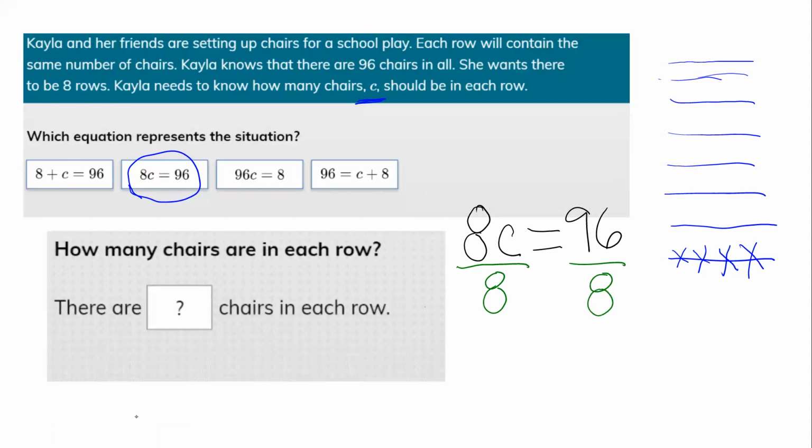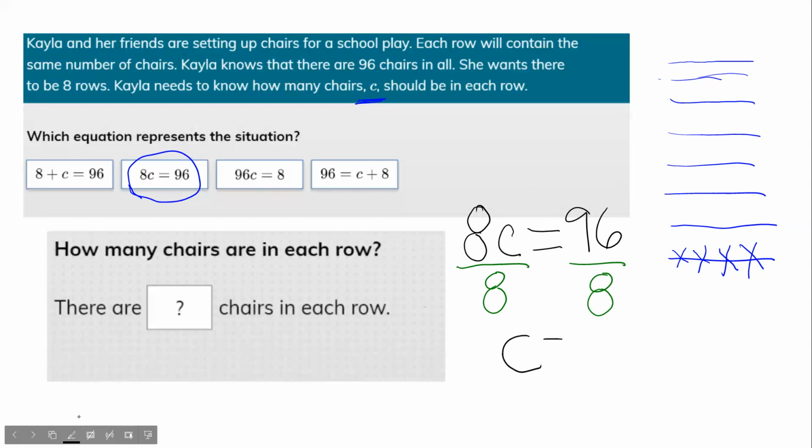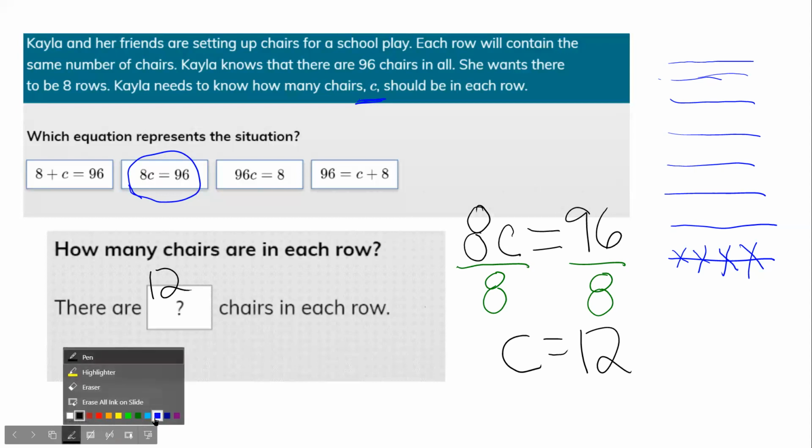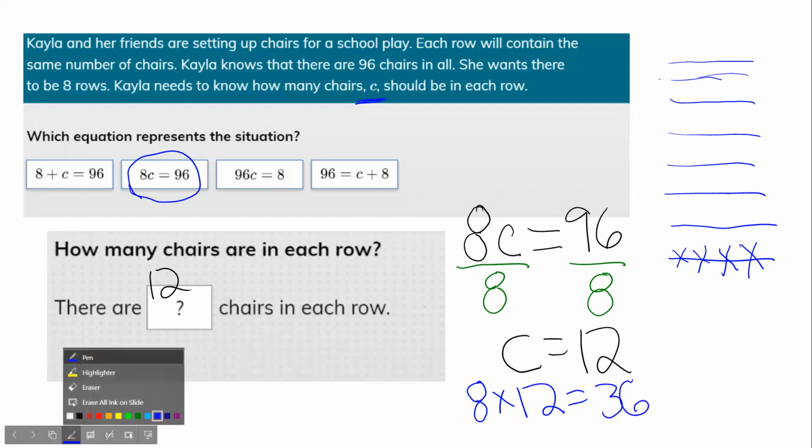And 96 divided by 8 is 12. So there are indeed 12 chairs in each row. You can come back and you can check with substitution. 8 times 12 should be equal to 96. This step right here makes sure, I wrote 36 and said 96, sorry kids.